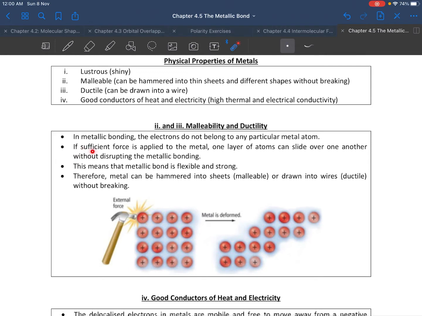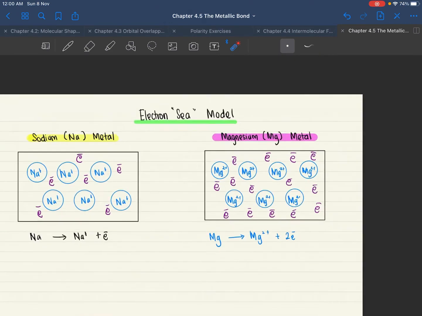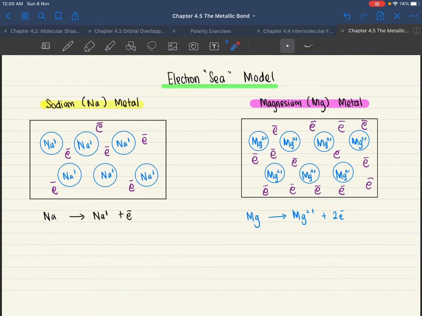Okay, so if sufficient force is applied to the metal, one layer of atoms can slide over another without disrupting the metallic bond. Okay, kalau kamu tengok drawing saya ni, saya draw metal ni teratur macam ni, sebaris, and another metal sebaris macam ni, dan dia macam tu lah lebih kurang.